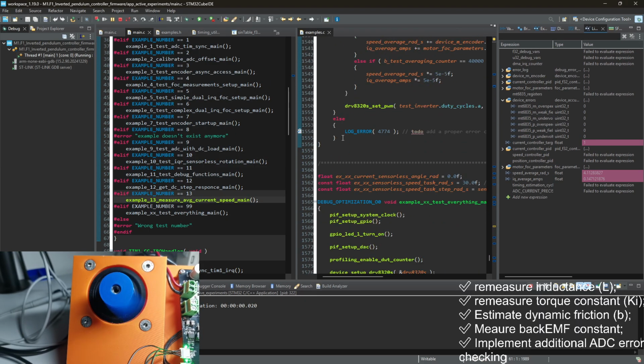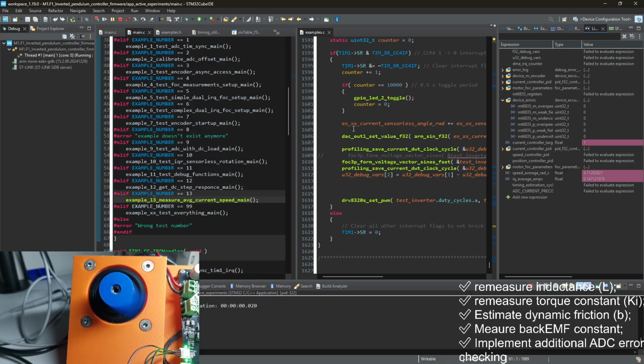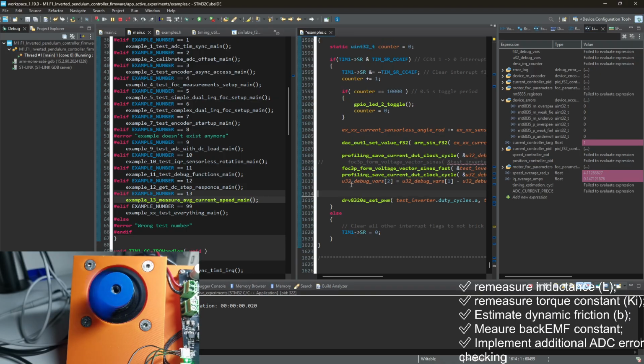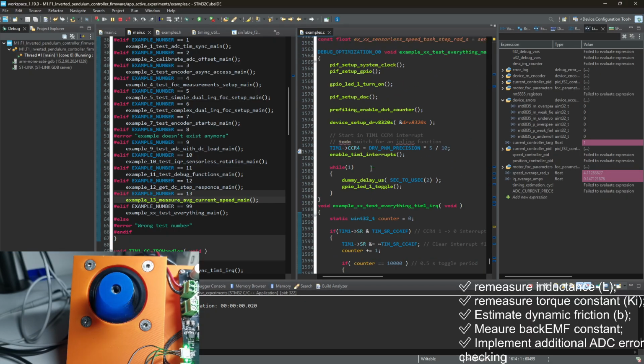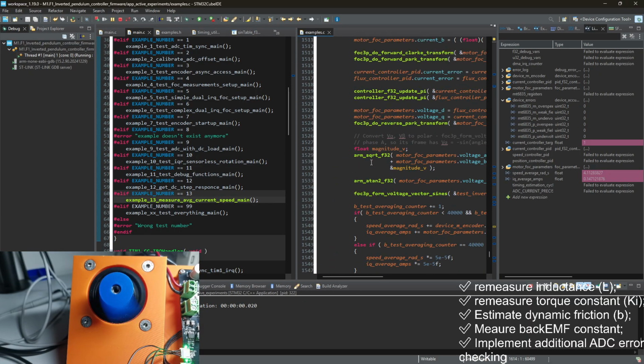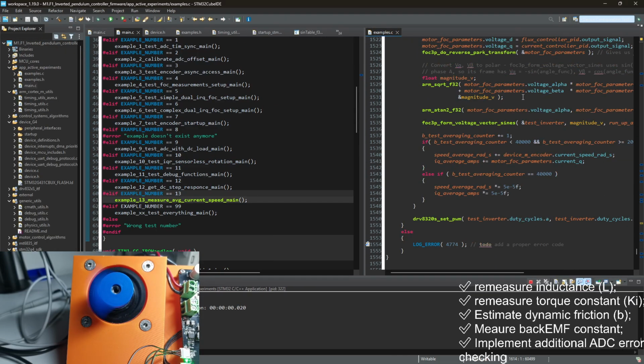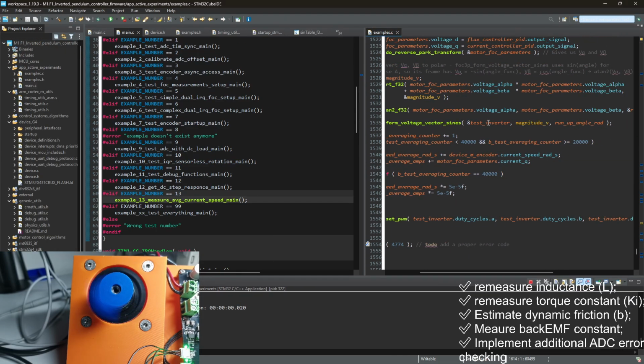Current seems like it can be on the correct side. Maybe. And what is that? But the speed looks like it is not there at all.